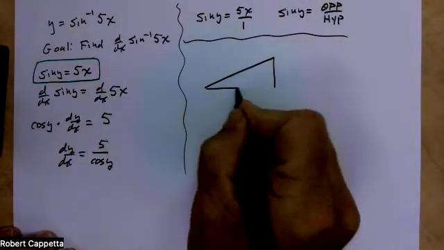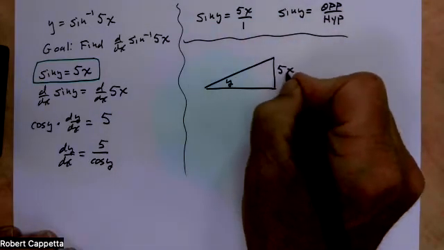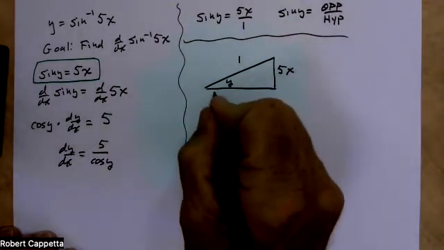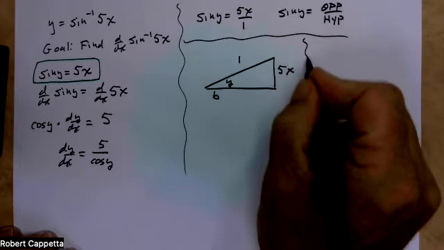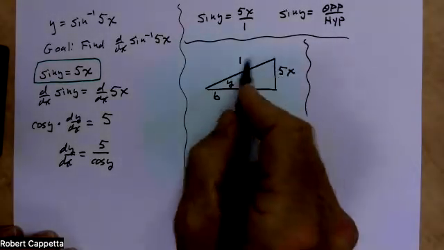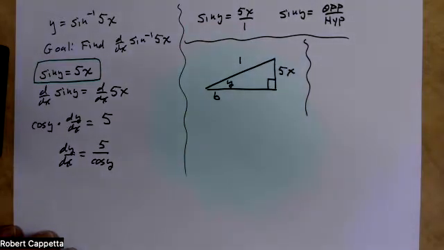Well, sure, if the opposite is 5x and the hypotenuse is 1 for an angle y, that will satisfy that. So let's go ahead and construct that triangle. Here's the triangle. Here's the angle y. The opposite is 5x and the hypotenuse is 1. The third side is the one we're looking for. Let's call that b. How are we going to find b? If I know this side and I know this side, it is a right triangle. There is a mathematical tool that will enable me to do this.